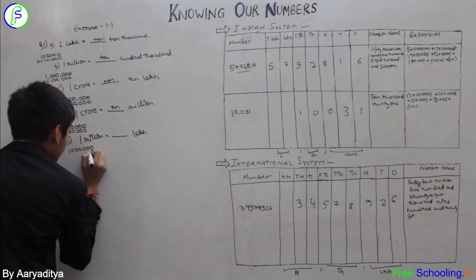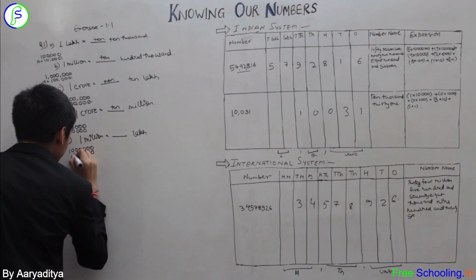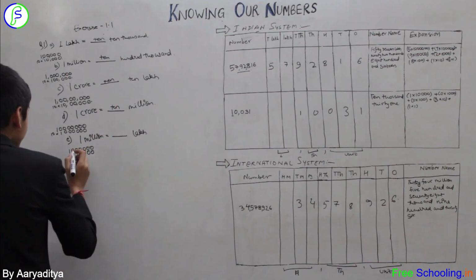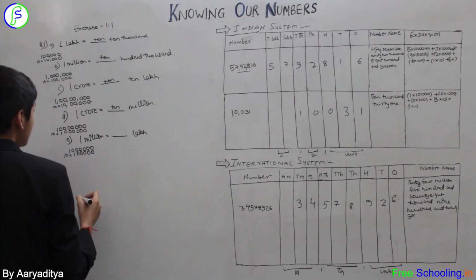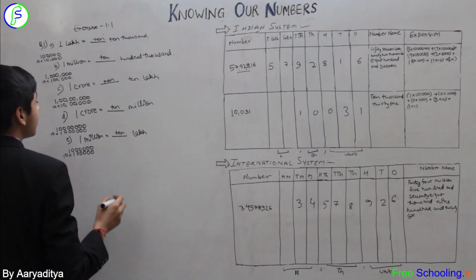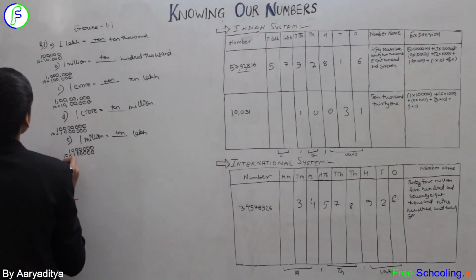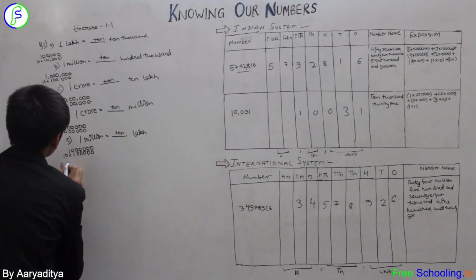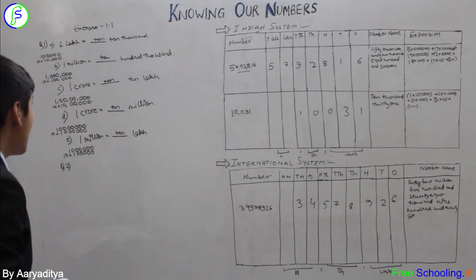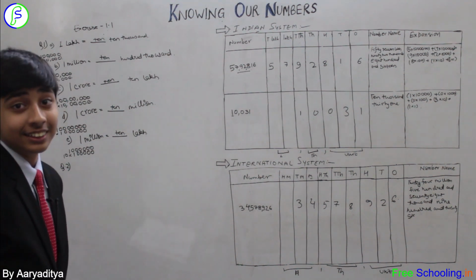Now inserting lakh. Lakh has 5 zeros. So, again, when we multiply lakh with 10, we would be getting 1 million. So 10 is the correct answer for this part. Now we are done with question number 1 of exercise 1.1, and we got all the answers as 10.